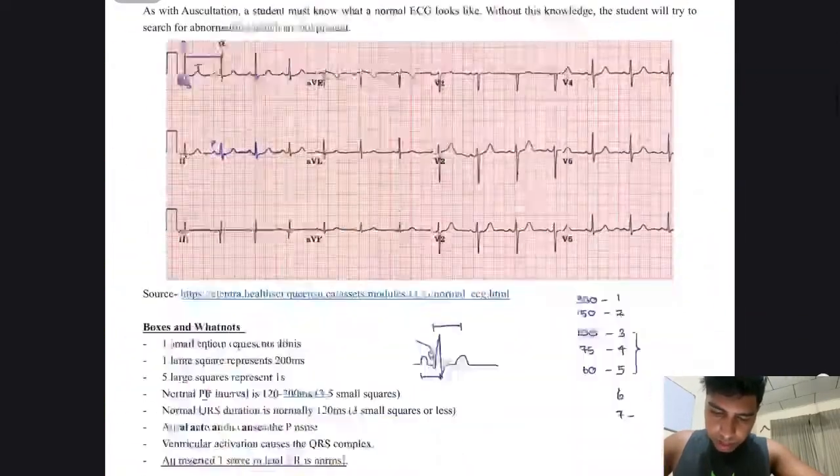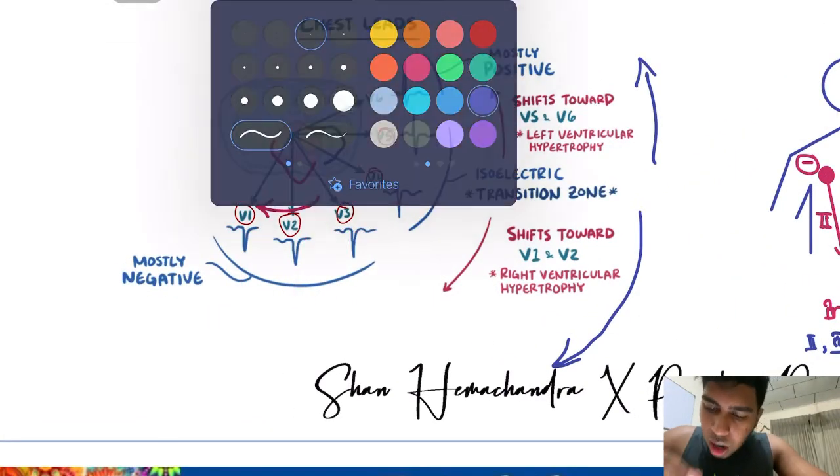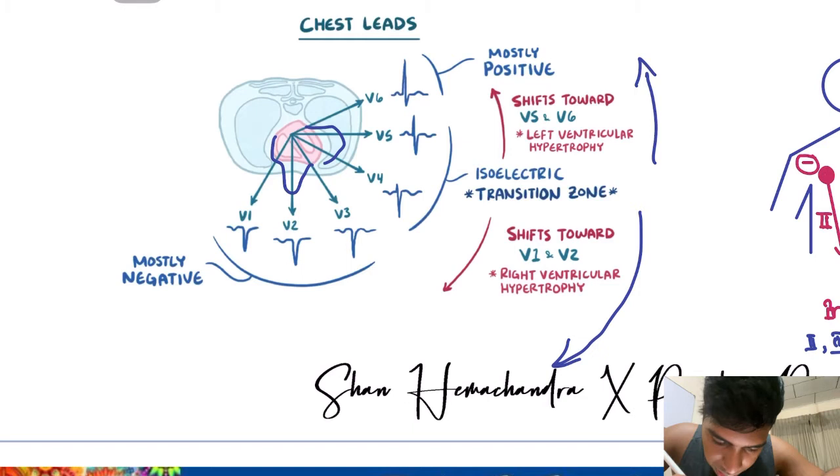If you take hypertrophy, it's all to do with vector additions. Now you know V1, V2, V3, they're related to the right heart. V5, V6 is to the left heart. So when you have hypertrophy of the right heart, V1, V2 will have bigger changes.